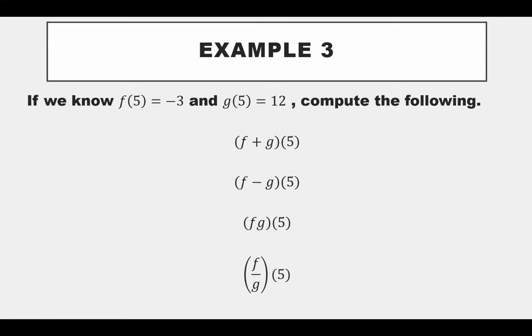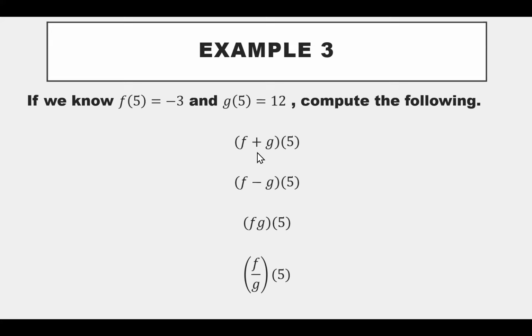So imagine that I am not given my f and g explicitly, but I know that f sends 5 to the output of -3. And when we put in an input of 5 into g, we get the output of 12. So the input of 5 into f is the output -3. The input of 5 into g gives the output of 12.